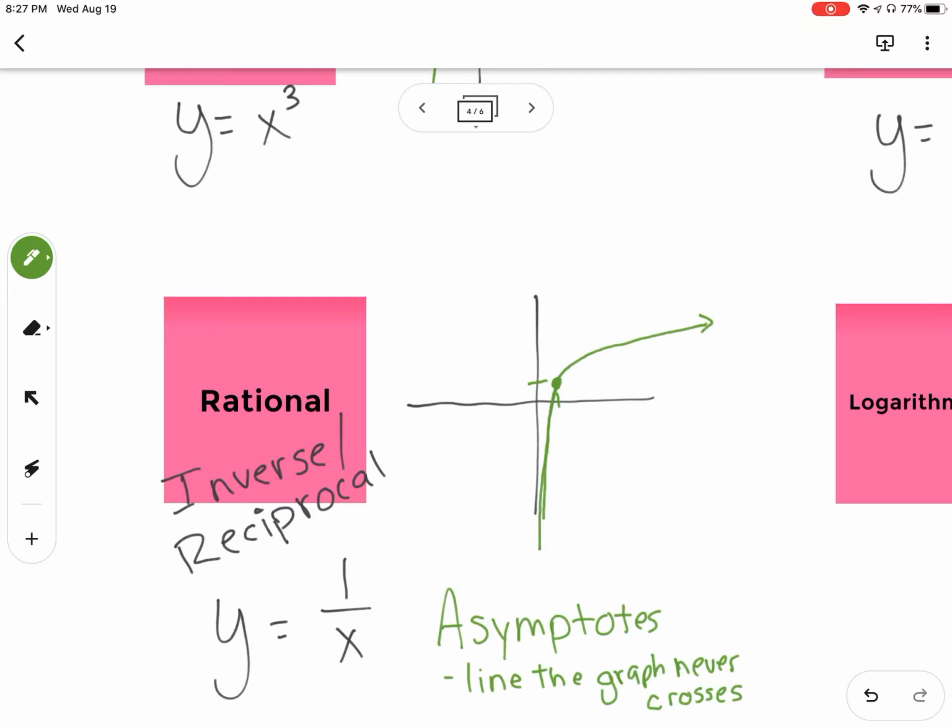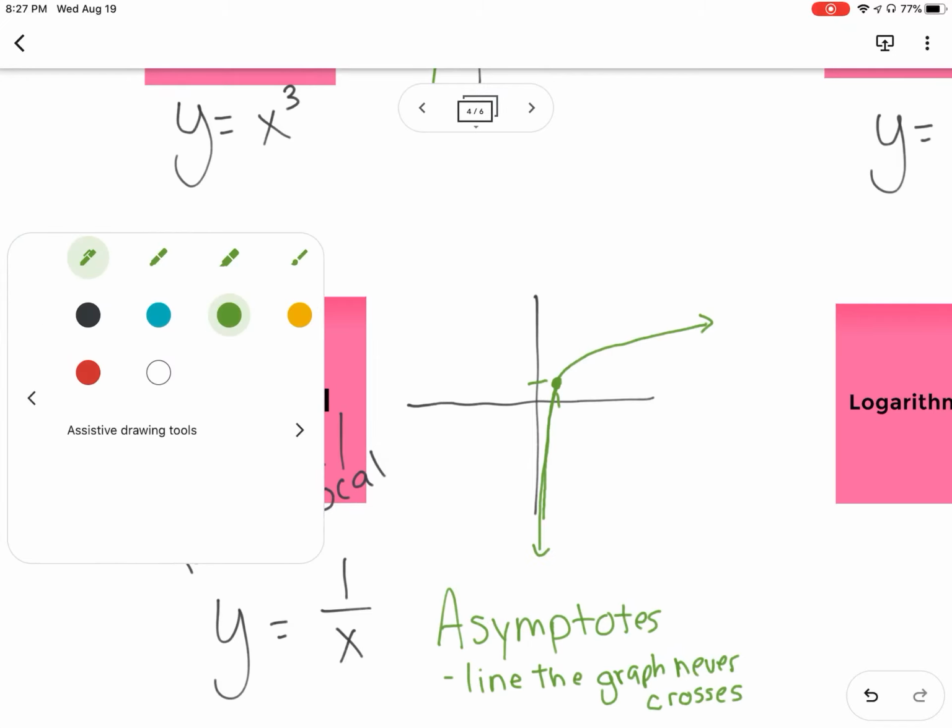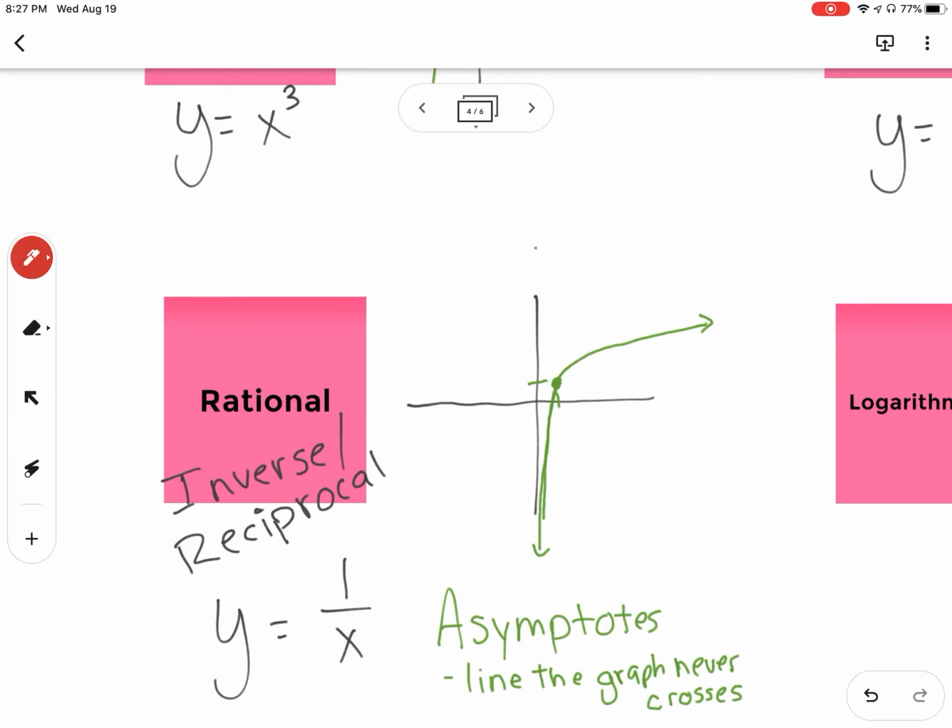But like if I put 1 over 1 million, that's a very, very small decimal. So it's going to get really, really close to that thing. So this asymptote is here. That's the asymptote, that red dotted line. In this case, x is equal to 0 is the asymptote. That's a rational function.